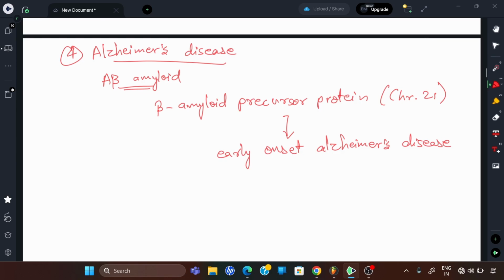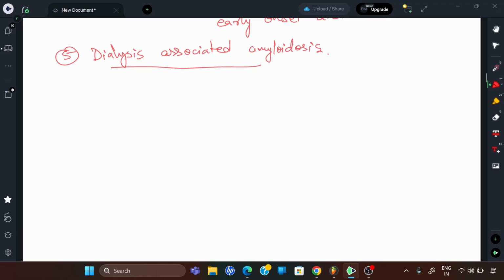Now coming to the second case of localized amyloidosis, and that is dialysis associated amyloidosis, right? So what happens here is you have something called beta 2 microglobulin.